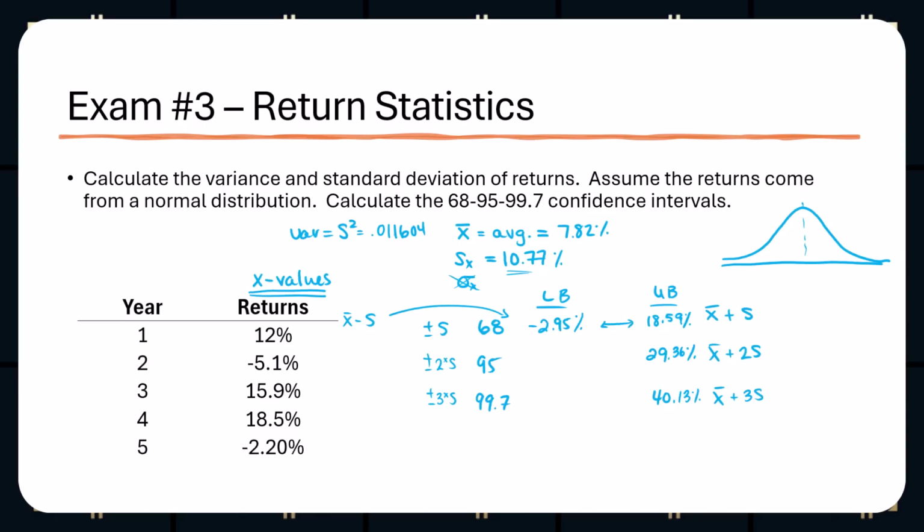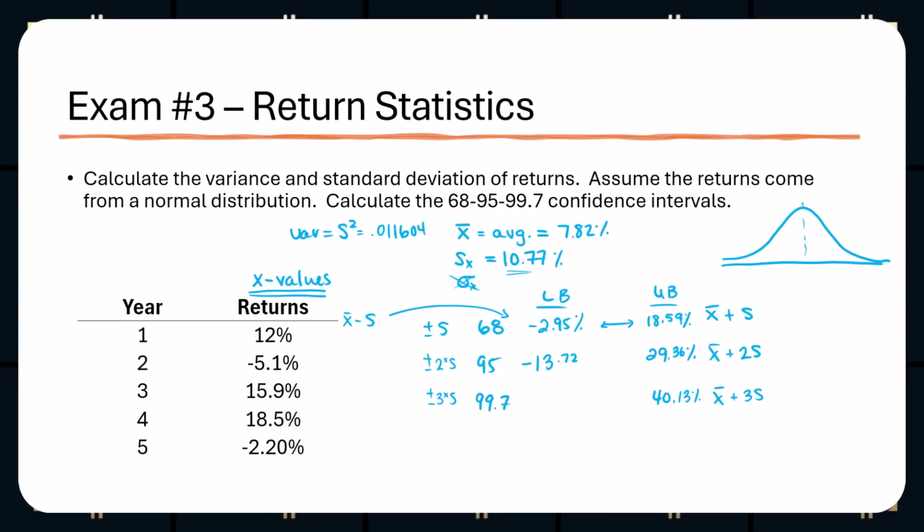What this tells me is if these returns truly do come from a normal distribution, then 68% of the time those returns should fall somewhere between negative 2.95% and 18.59%.